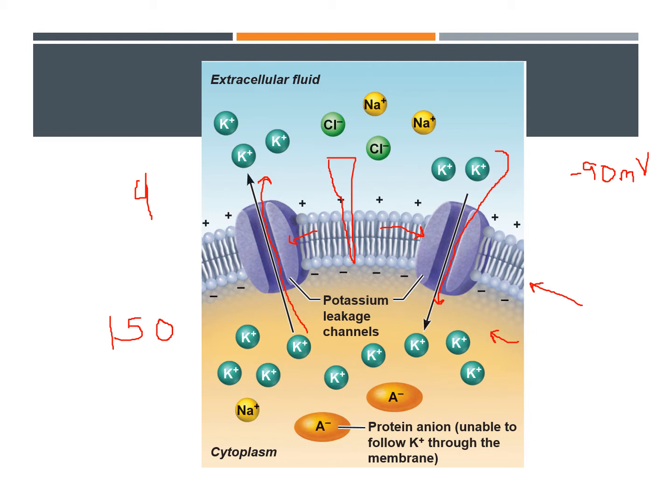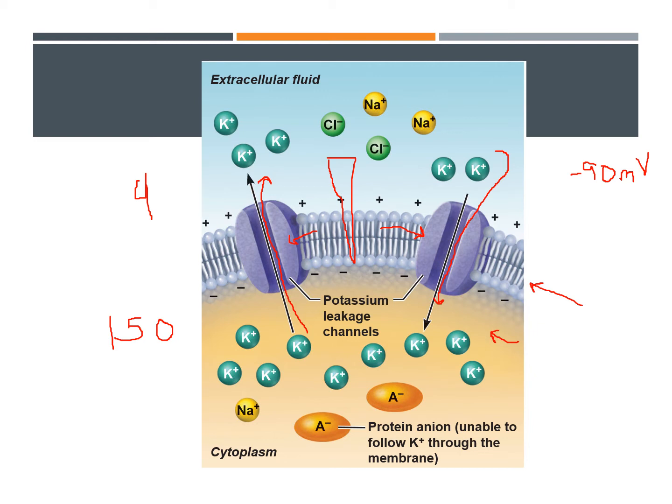So while there are lots of leakage channels for potassium, there are also gated channels. And we've talked about those, right? These are proteins that have one or two closures, aka gates on them, restricting the flow of ions. So your sodium channels tend to be gated. And so that means that sodium doesn't flow as easily across the membrane.